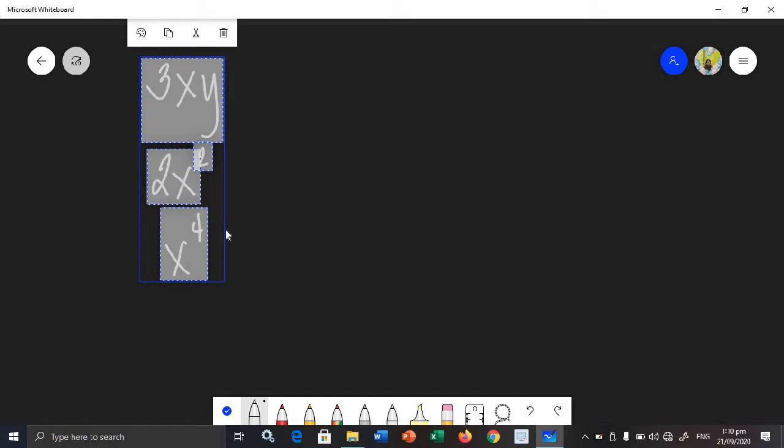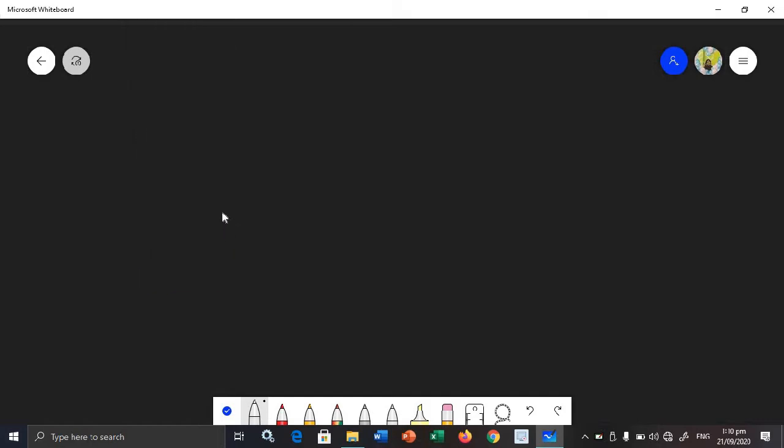So how do we factor monomials? Let's say, for example, we have this monomial here, 24a to the third power, or a cube. How do we factor a monomial?